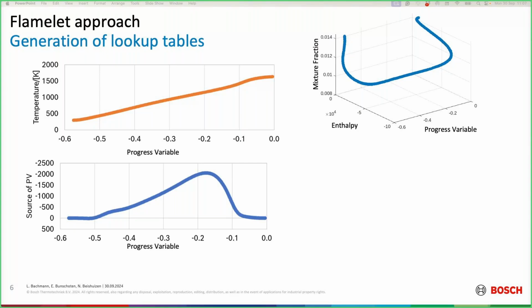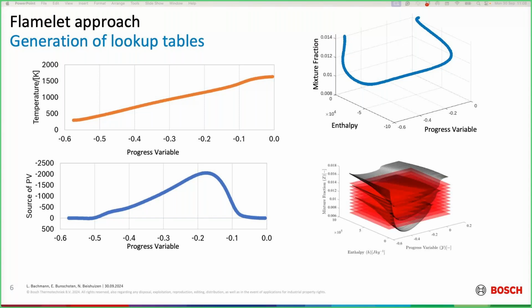So here on the top right, I put you one singular one-dimensional flamelet as a function of enthalpy, of progress variable, and of mixture fraction. What we are doing to generate the lookup tables is we combine a lot of these one-dimensional flamelets, which is represented in gray here. And from this data, we then generate a lookup table, which is three-dimensional with the different levels. You can see here in the red for different mixture fractions.